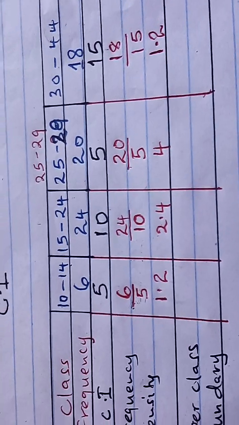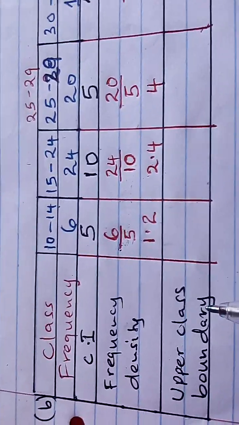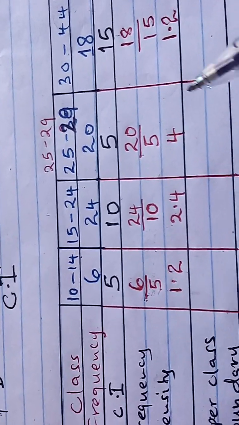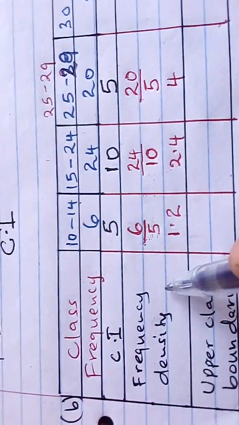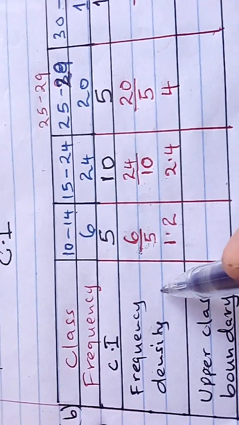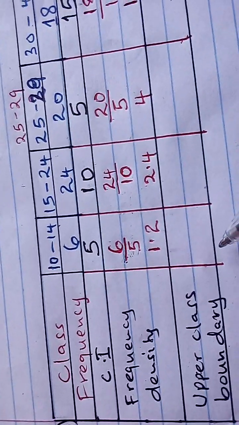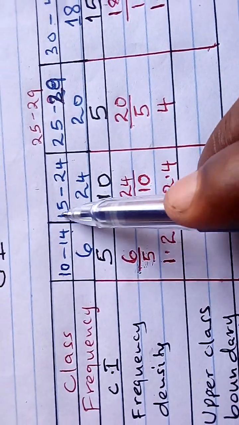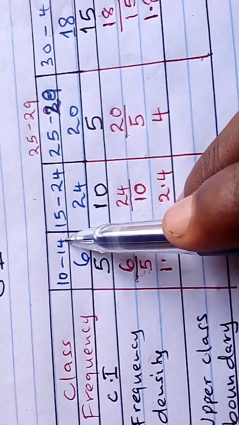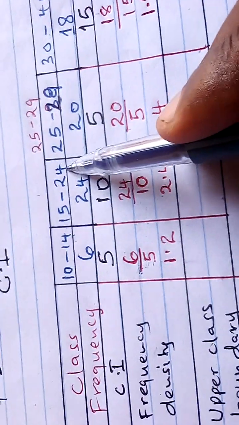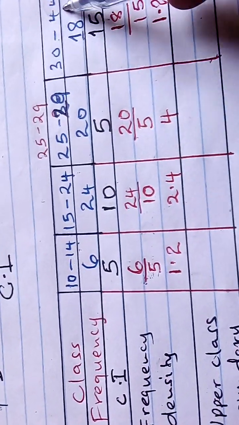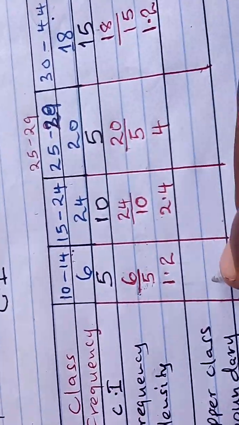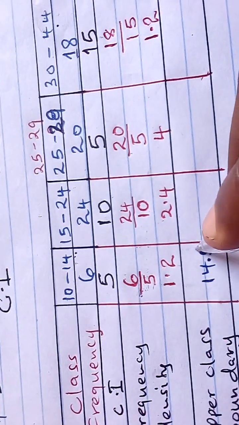Then from there you look at the class boundary. We are plotting frequency density on the y-axis against the upper class boundary. I said upper class boundary is given by adding 0.5 here. So you are going to add 0.5 here, here, here and here. So the upper class boundary here is 14.5, adding 0.5.